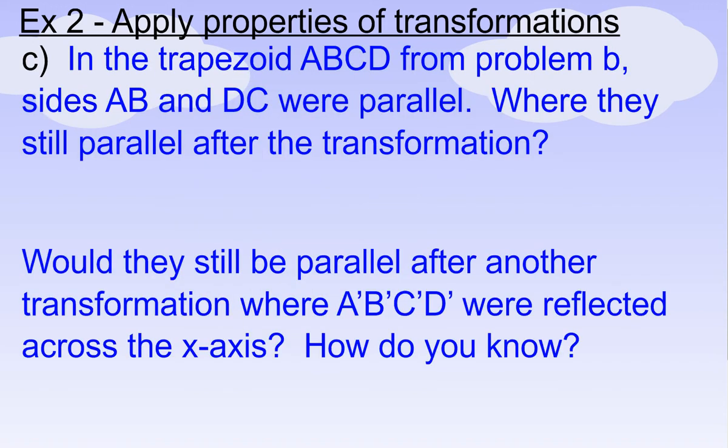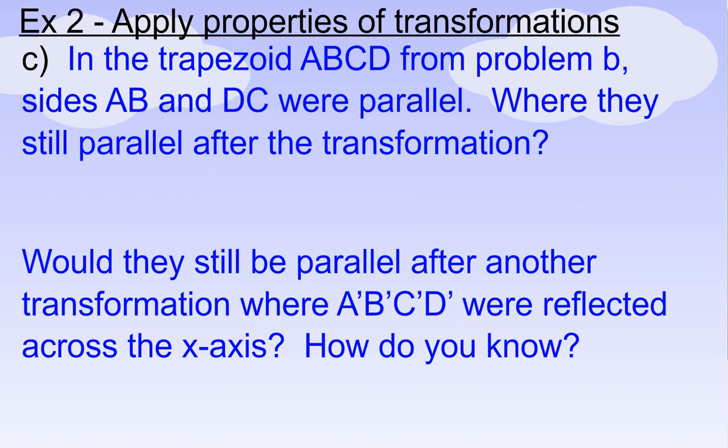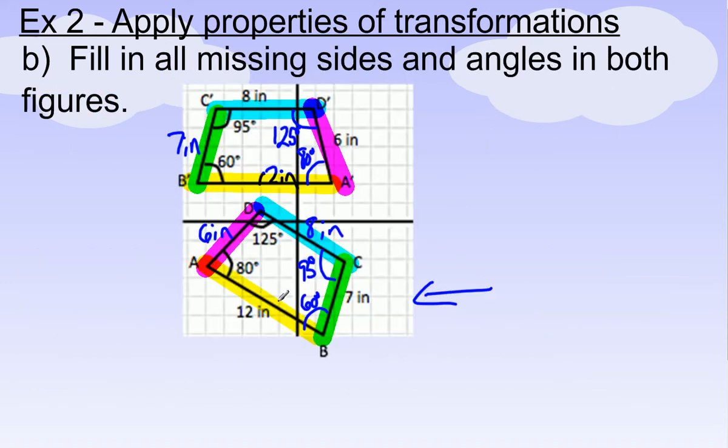And last thing we've got is some applications. So let's see here. This letter C says, in the trapezoid ABCD from problem B, the one we just did, sides AB and DC were parallel. Yes, I'll agree. That side and that side appear to be parallel.